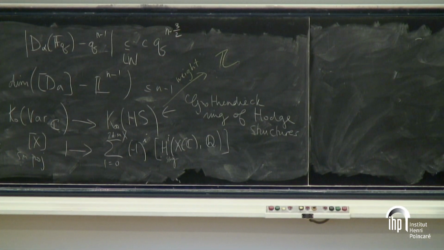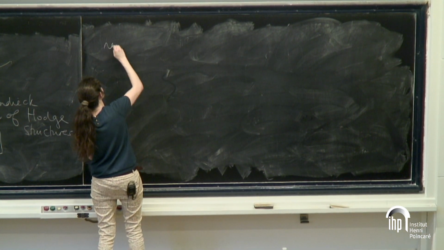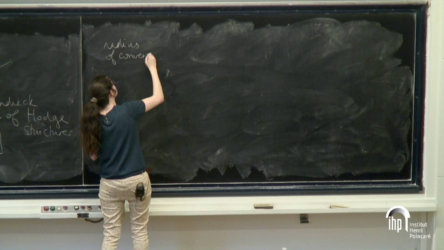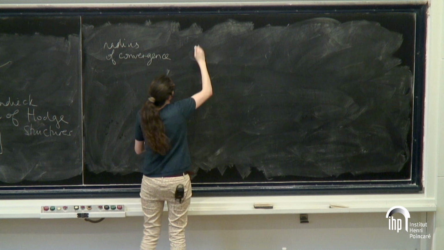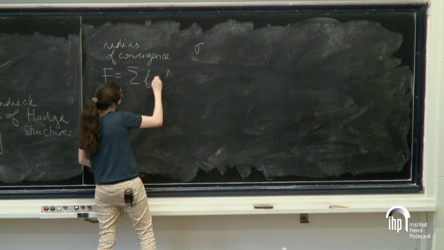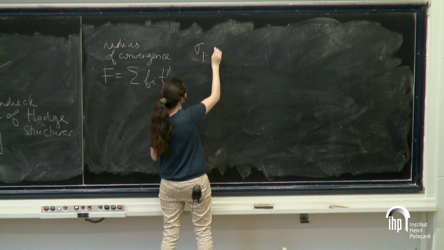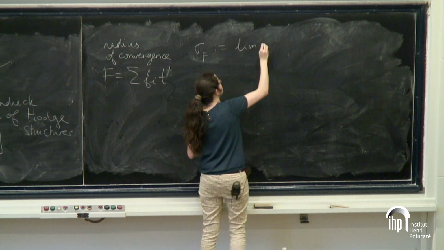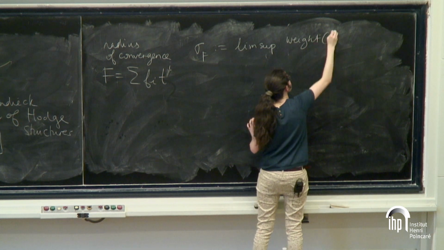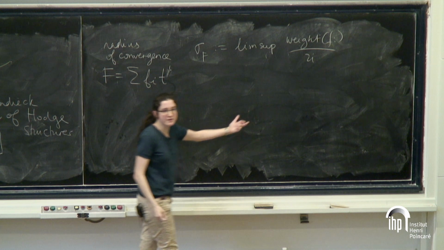And so then I can define the radius of convergence whenever I have a series with coefficients in the Grothendieck ring of varieties. I can define the radius of convergence of f to be the lim sup of the weight of the coefficients divided by 2i, 2 because the weight of the affine line is 2.